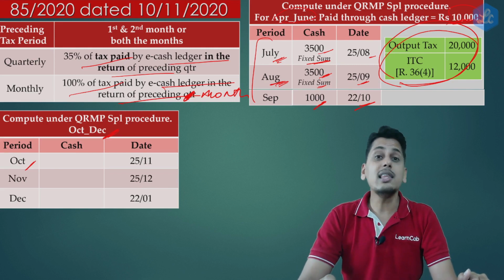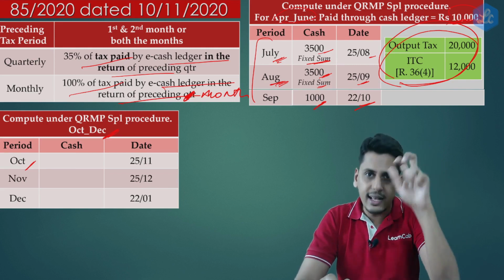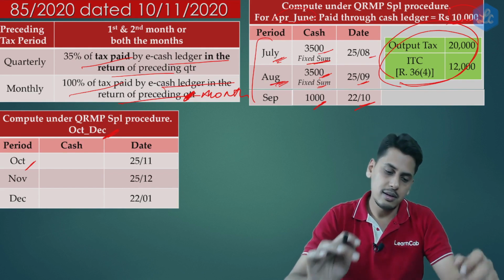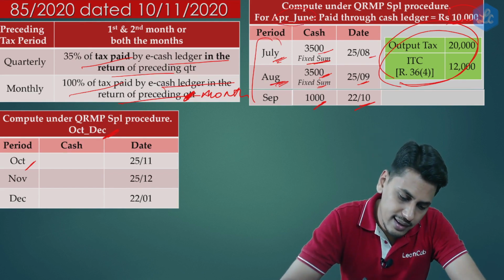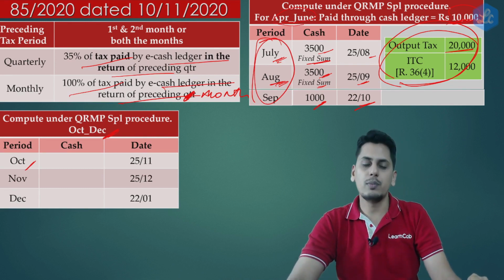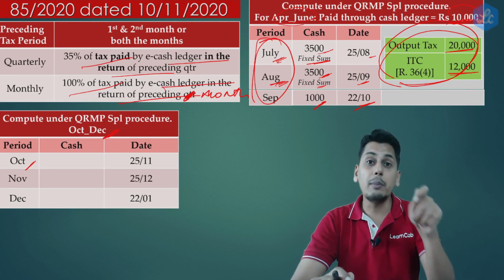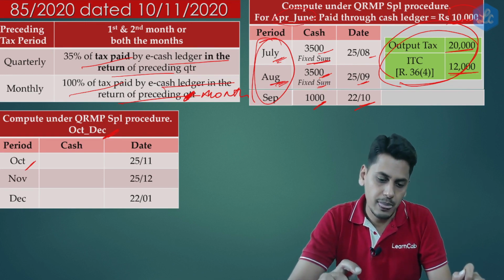Now friends, in the preceding tax period, what is the amount which he has paid by debiting the electronic cash ledger? Friends, please concentrate. When he would have filed the return for July, August and September, he would have told 20,000 is output tax, 12,000 is ITC, 8,000 needs to be paid by debiting the electronic cash ledger.